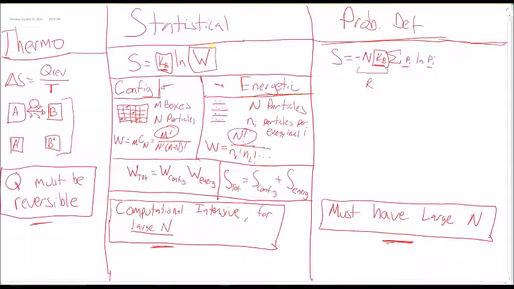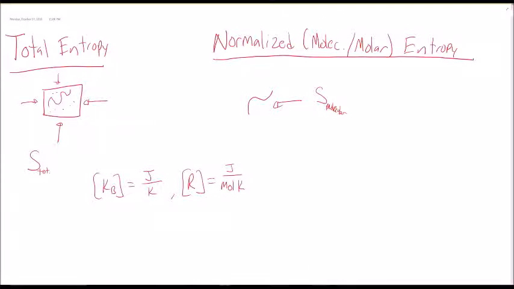Probabilistic definition calculates the entropy for a system of n particles that are at a probability distribution, some probability distribution p sub i. So both of these definitions are total. All three of those definitions are total definitions of entropy. So if you're using the equations, the entropy you get is a total definition of entropy.